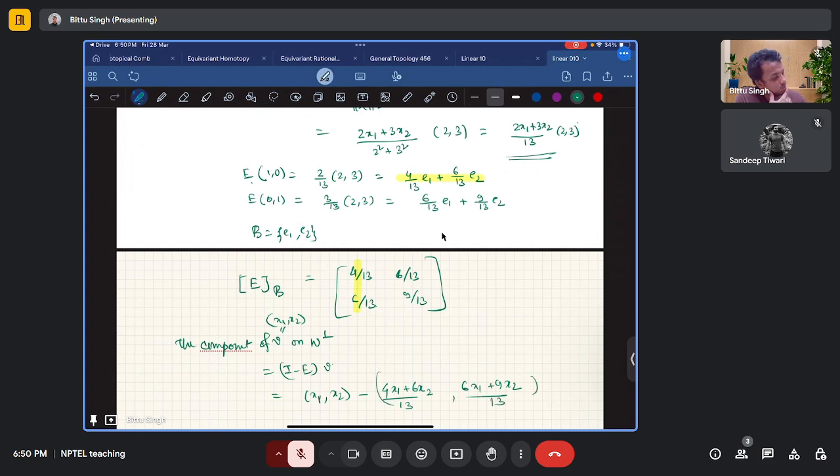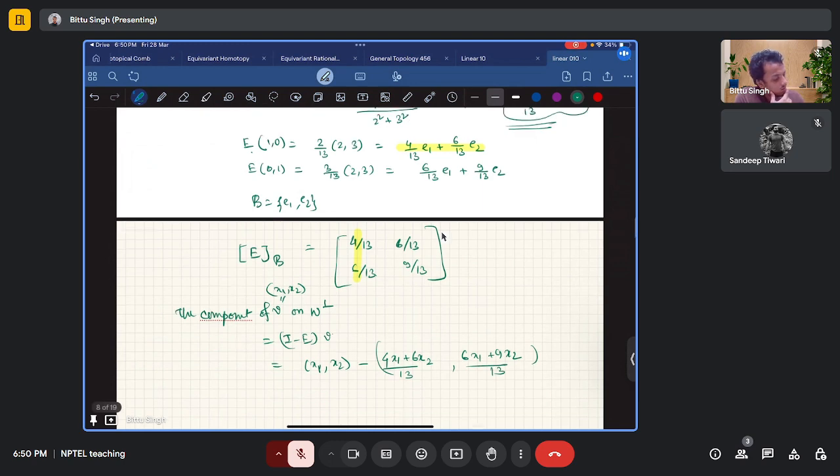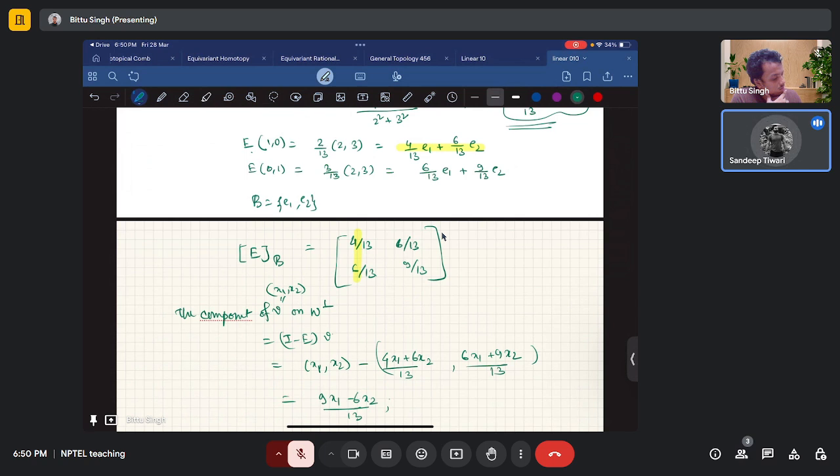Now if we subtract, we get 9x1 minus 6x2 by 13. The second component is 4x2 minus 6x1 by 13.